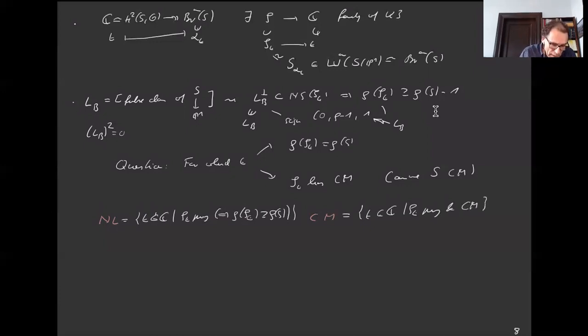Okay, and in this case, without going into any details, we have something that by now probably looks familiar to you, namely the Noether-Lefschetz locus is in fact the same as the CM locus. It's a countable and dense set.